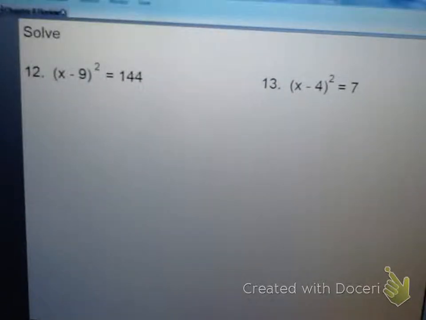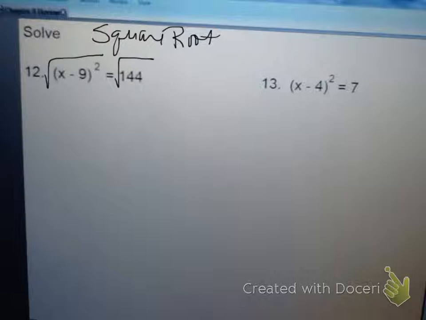Number 12. We're going to use the square root property, where we want to get rid of the square, so the opposite is taking the square root. And when you square root, what's inside just falls out. And the square root of 144 is 12. And don't forget, this is where people make their mistake.